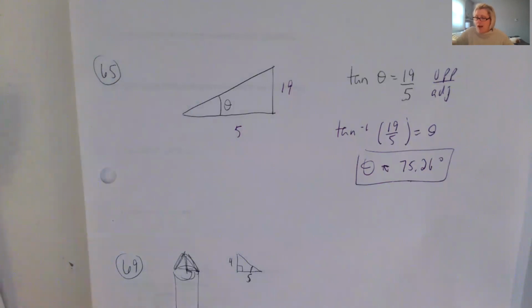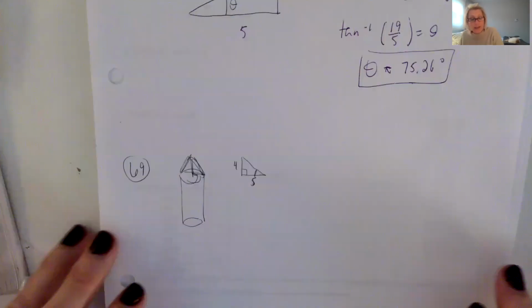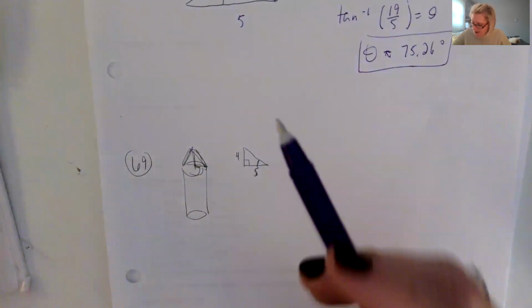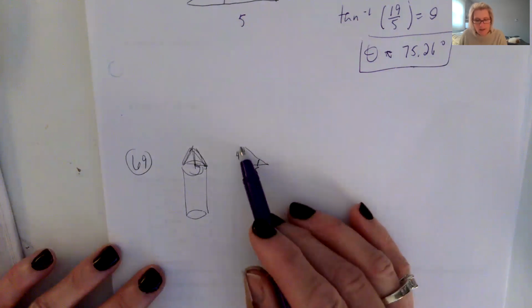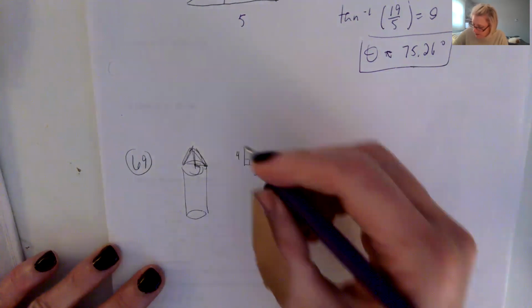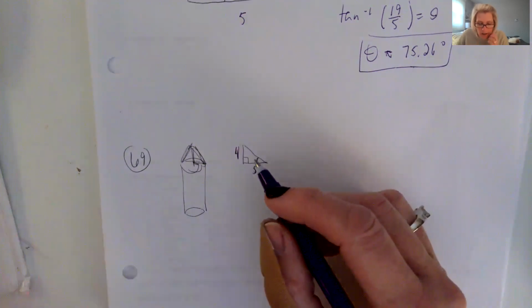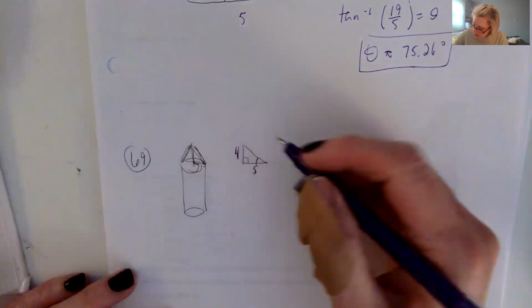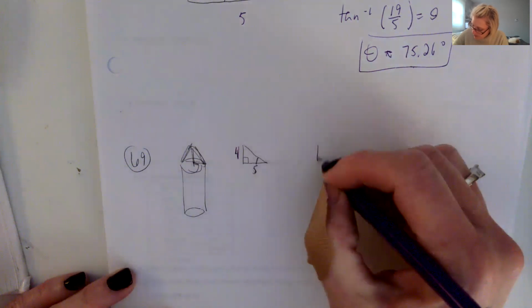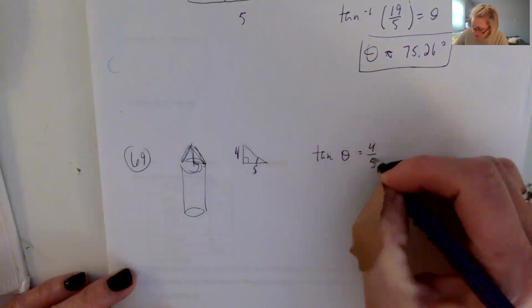So I drew my right circular cylinder, I think. But I do know that slope is rise over run, and so that is 4/5 of this angle. And it says at what acute angle to the horizontal matches the roof. So again, this could be the tangent of the angle is equal to 4/5.